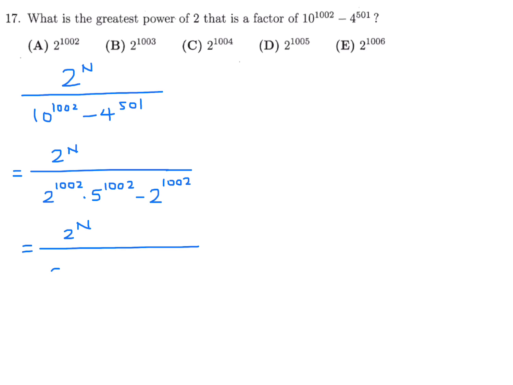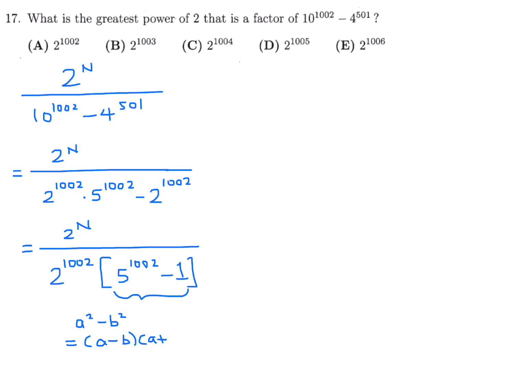Now I can factor out a 2 to the power of 1002, and that will give me 5 to the power of 1002 minus 1. Yeah, that's it. Okay, at this point, let's concentrate on this. If you remember, if you have a squared minus b squared, it can be factored as a minus b times a plus b.